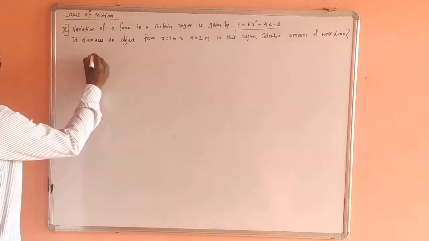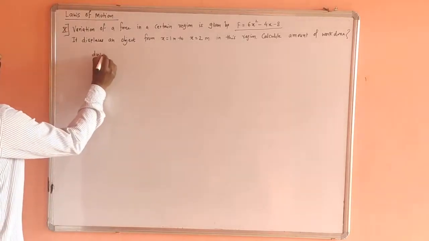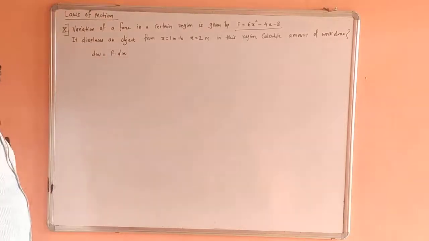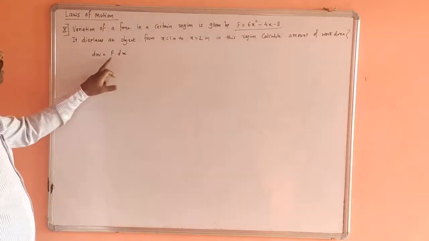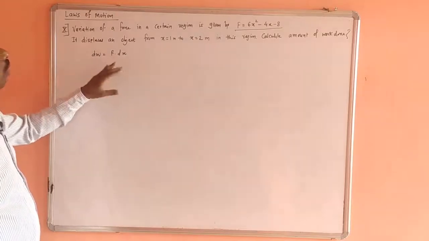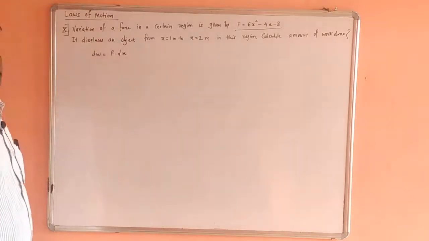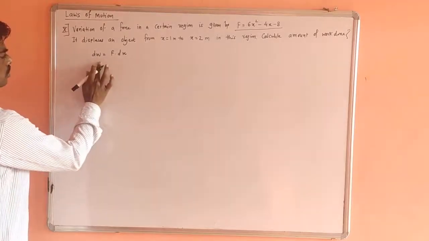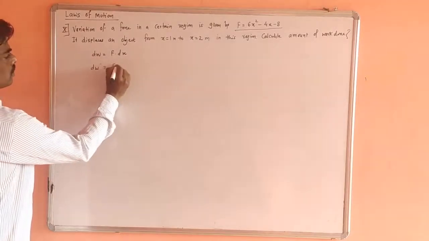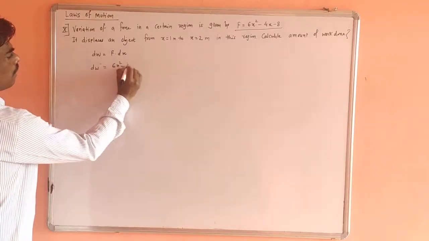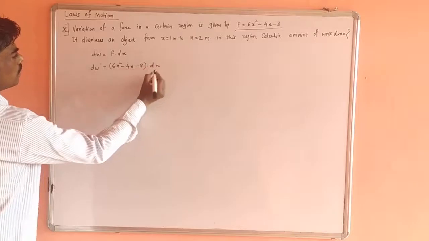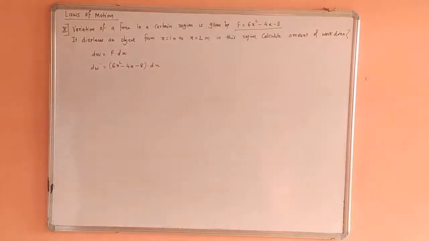So we know that work is nothing but force into displacement. Here force is expressed in the form of a variable of displacement. So dW = (6x² − 4x − 8) dx.